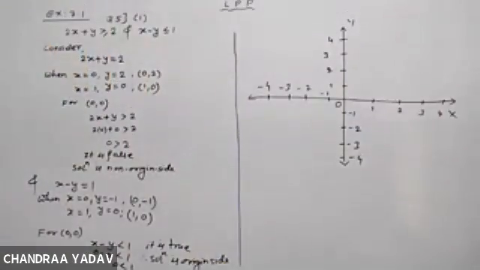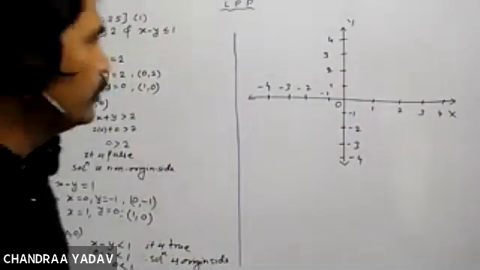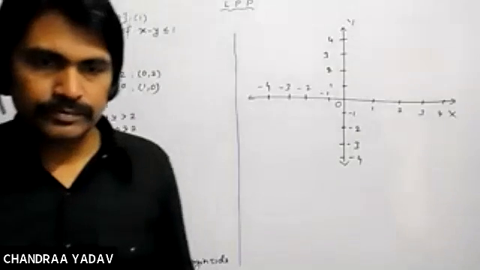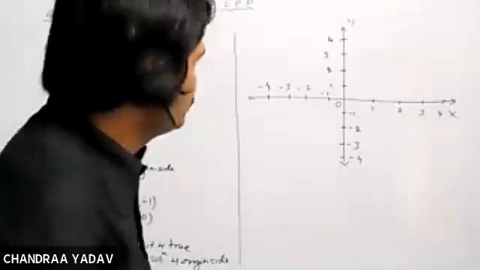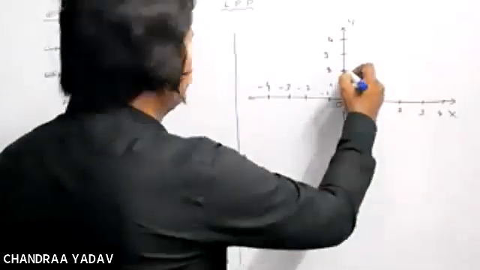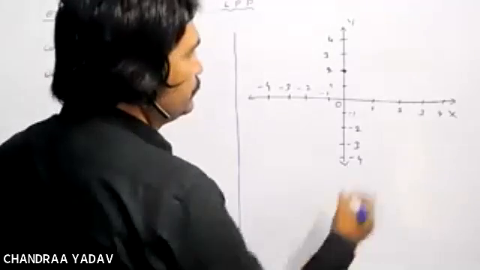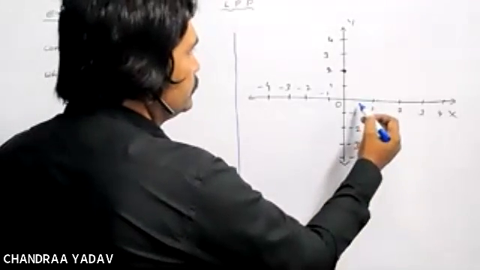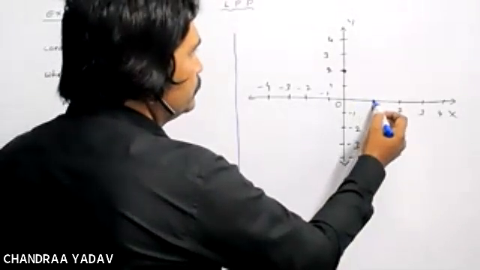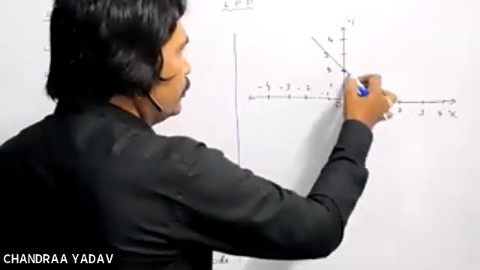Now, come to this point 0, comma 2. Where do we find 0, comma 2? On the positive y-axis. And then 1, comma 0 over here, on the positive x-axis. Now join these points. Yes, very good.